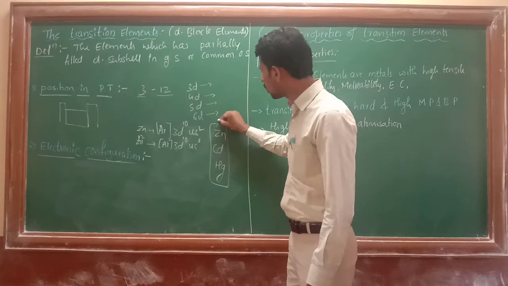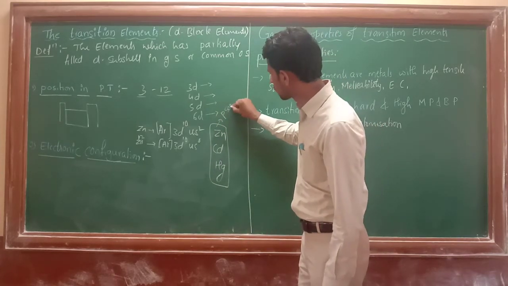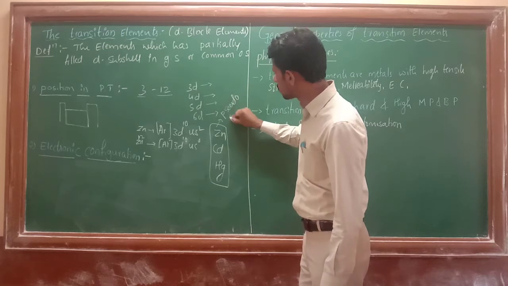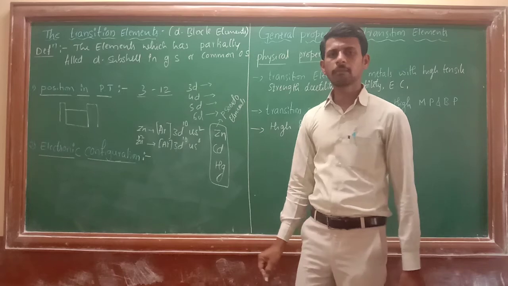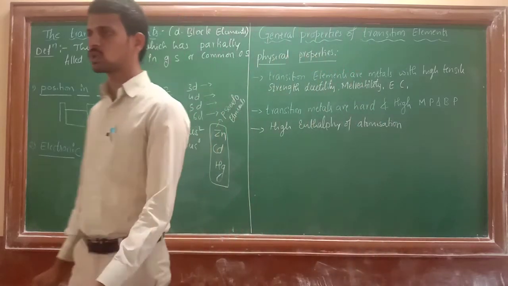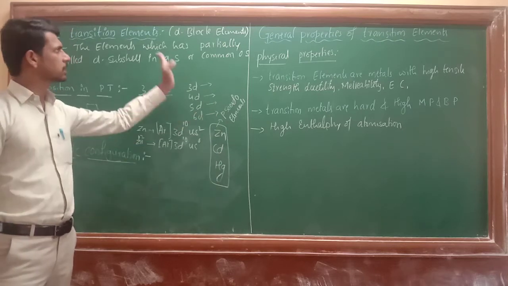Therefore, we call them pseudo elements. Know the pseudo elements. Name any one of these pseudo elements. What are the pseudo elements present in the d block?